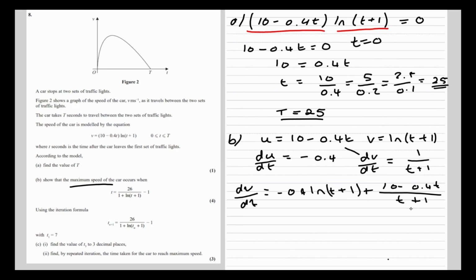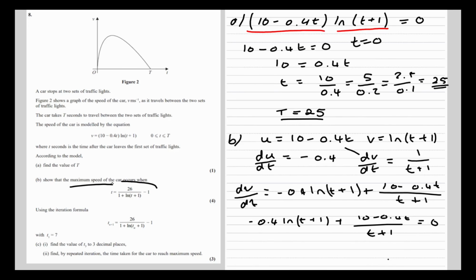The maximum point will be where the gradient is equal to 0. So let's make it equal to 0: minus 0.4 ln(t plus 1) plus (10 minus 0.4t) over (t plus 1) equals 0.